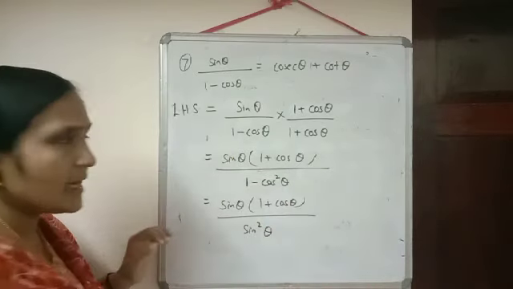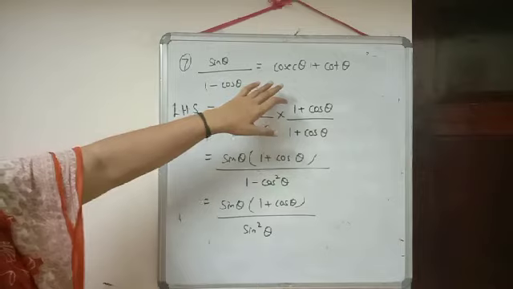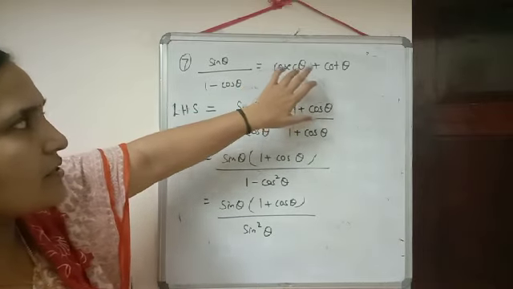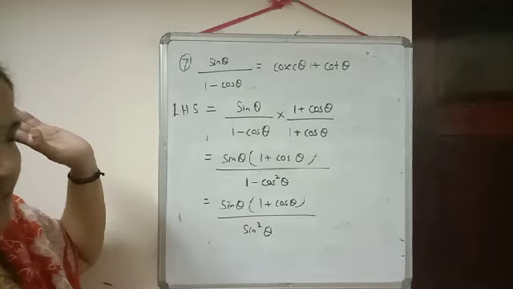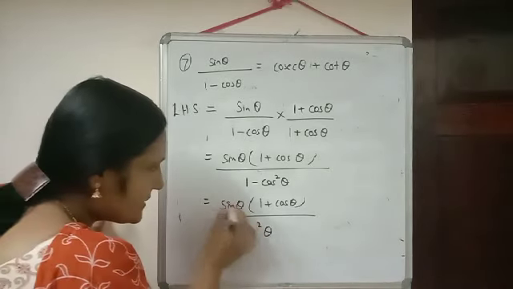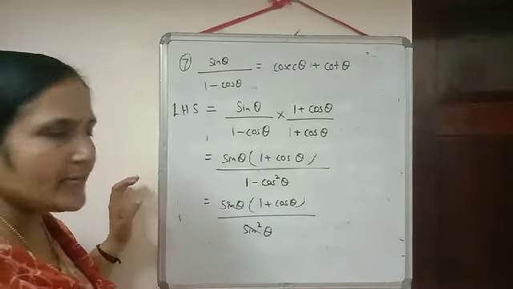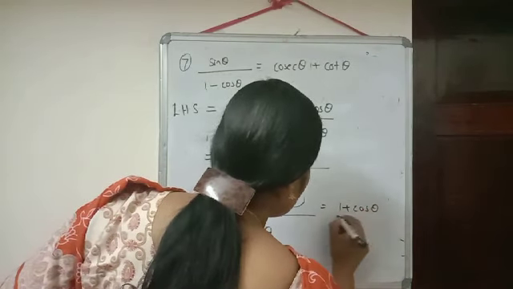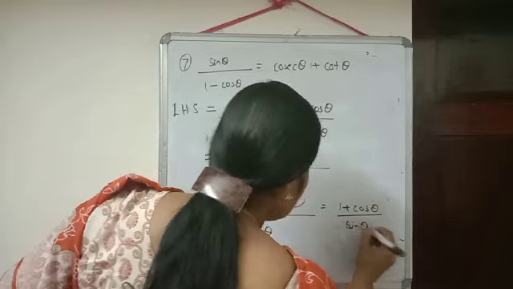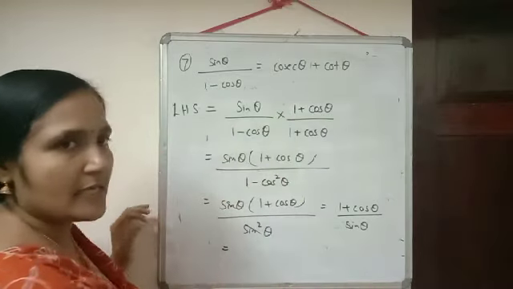Now just to check what we need in the right hand side. In the right hand side we want cosec theta plus cot theta, so two terms should be there. Here one sin theta and one sin theta will get cancelled. Remaining it will be equal to 1 plus cos theta by sin theta. Now we need two terms in the proof.